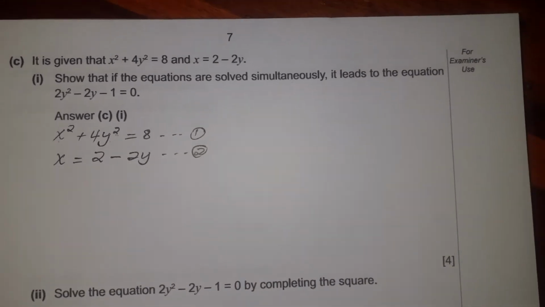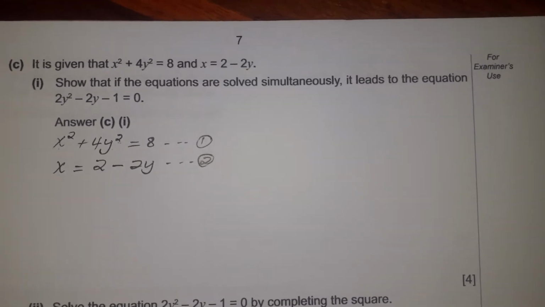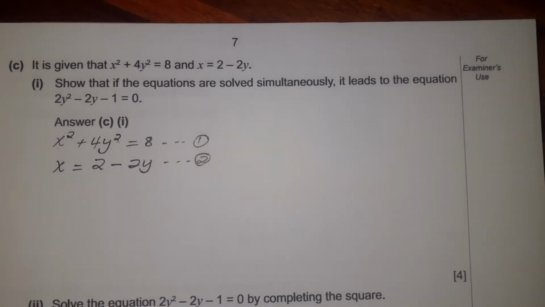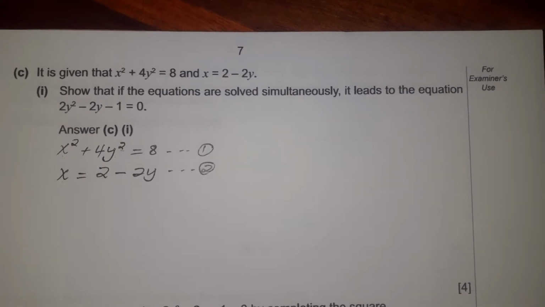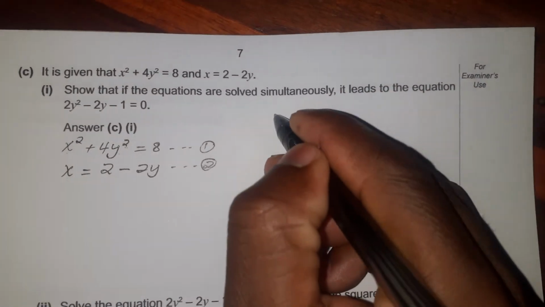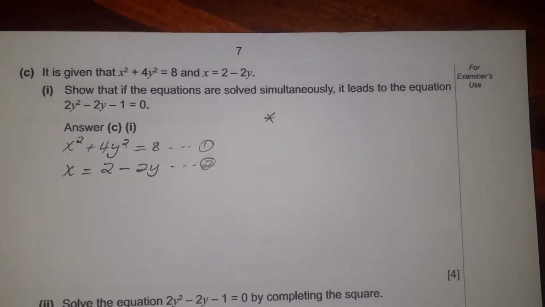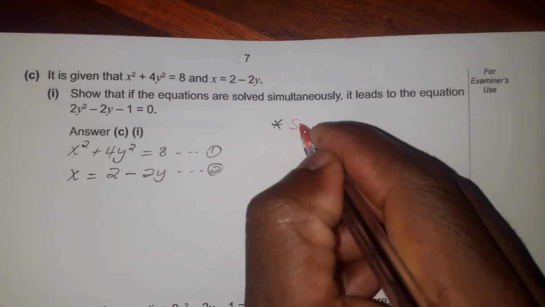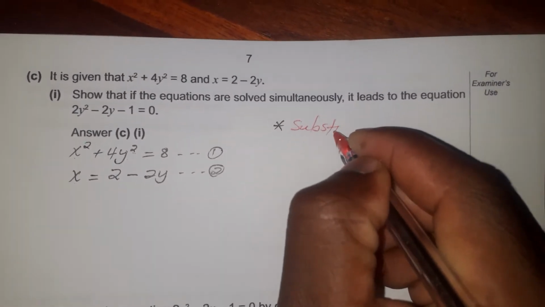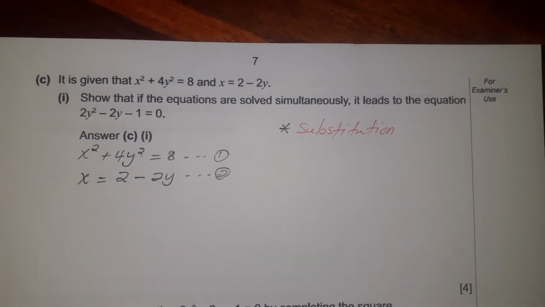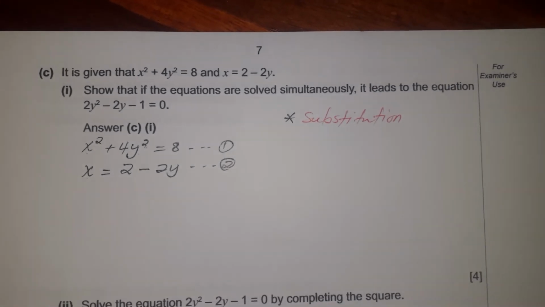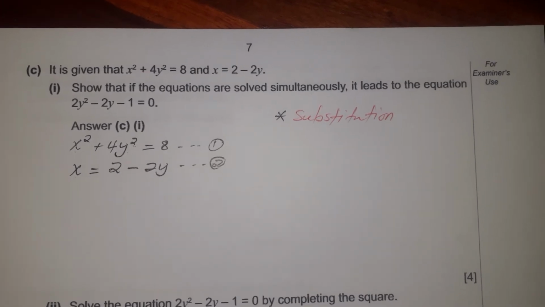Now, when you have two equations, one quadratic and one linear, whenever you are solving those two, you need to use the method called substitution. Substitution method. That is the method that you have to use.